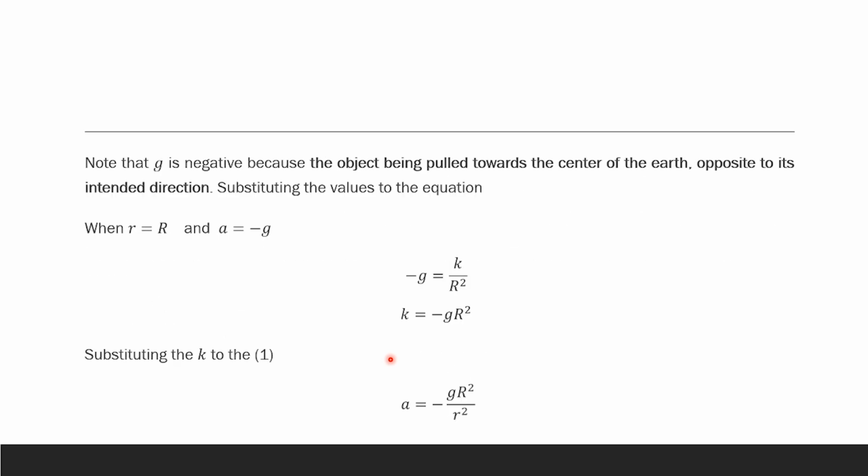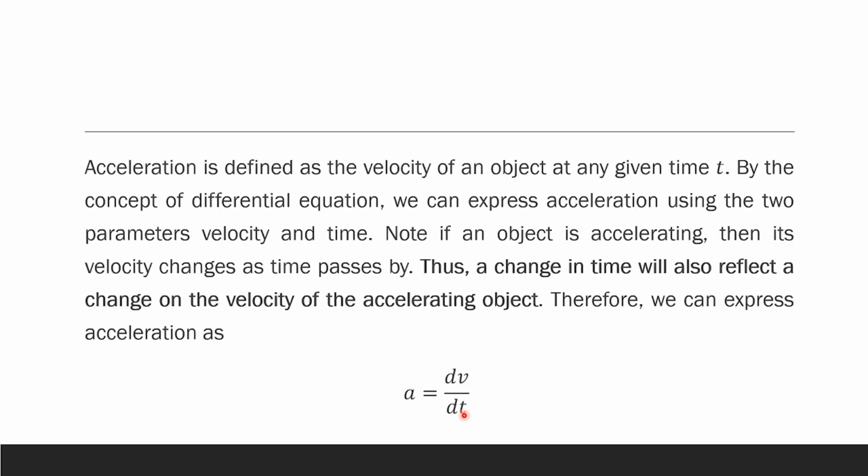Pag binalikan natin to, ang independent variable natin dito is r, kasi yung g at saka yung capital R, constant sila. So, nagbabago yung value ng a natin with regards to r. But dito sa second equation natin, wala namang r. Kumbaga, it's not a parameter na r.